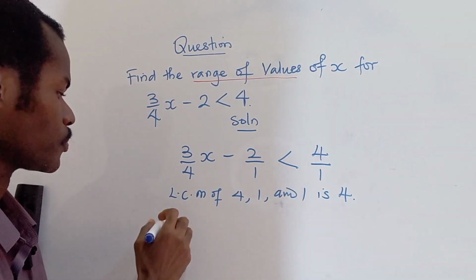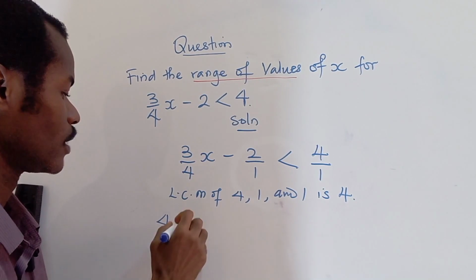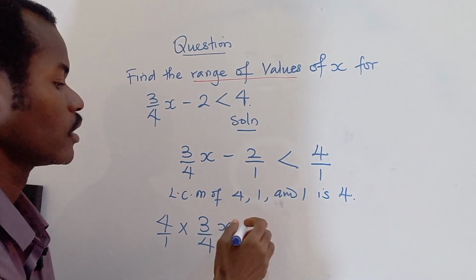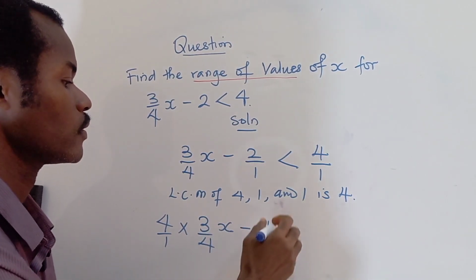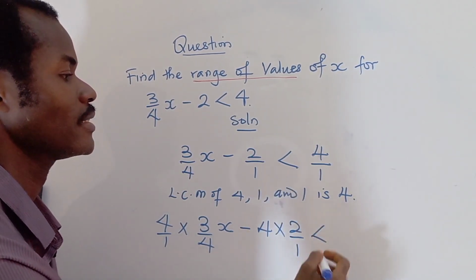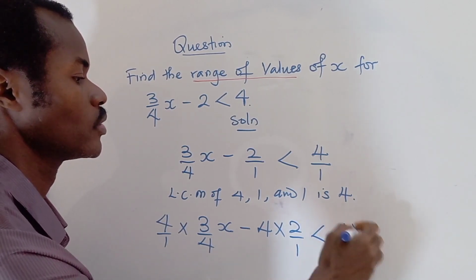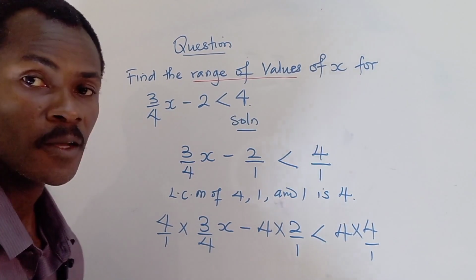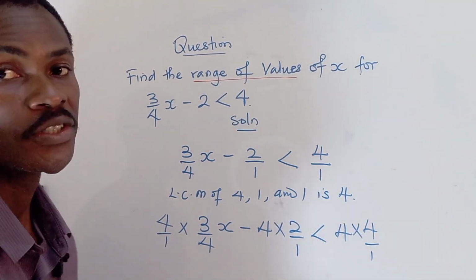So let's do that. We have 4 multiplied by 3 over 4x, minus 4 multiplied by 2 over 1, is less than 4 multiplied by 4. So we now have this expression.